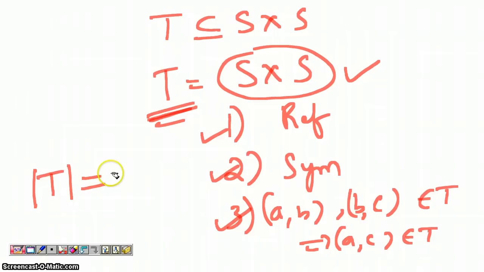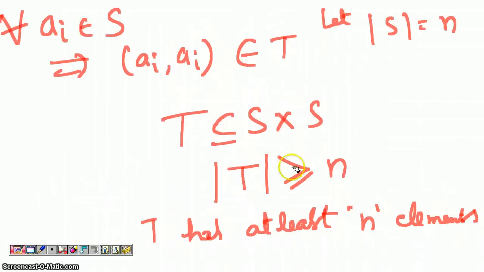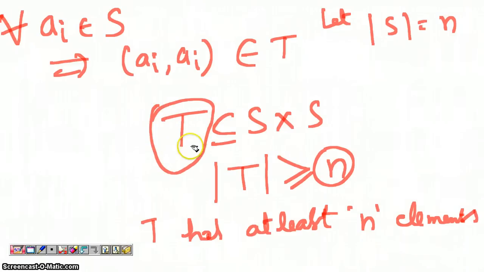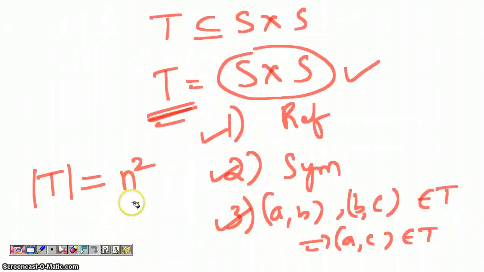The number of elements in T can be at most n square, and in the previous case we saw that it has at least n because of the reflexive property. Given any equivalence relation T, it must definitely have at least n elements because of the reflexive property, and at most it can have all the elements. If you put all the elements of S cross S, it is obviously an equivalence relation.